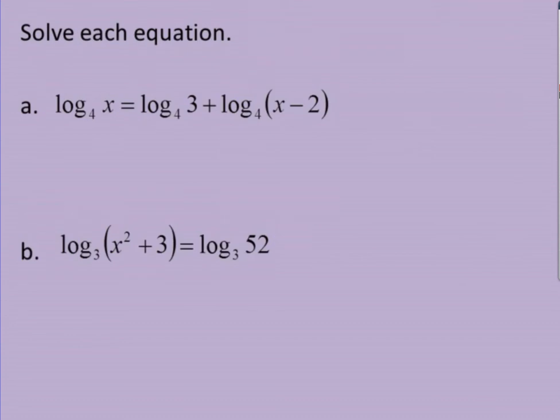So on part A, before we can do this, there can only be one log on each side to be able to cancel those out. So we are going to have to condense on the right side first. Right now it is addition. Remember, when you condense them, it becomes multiplication.